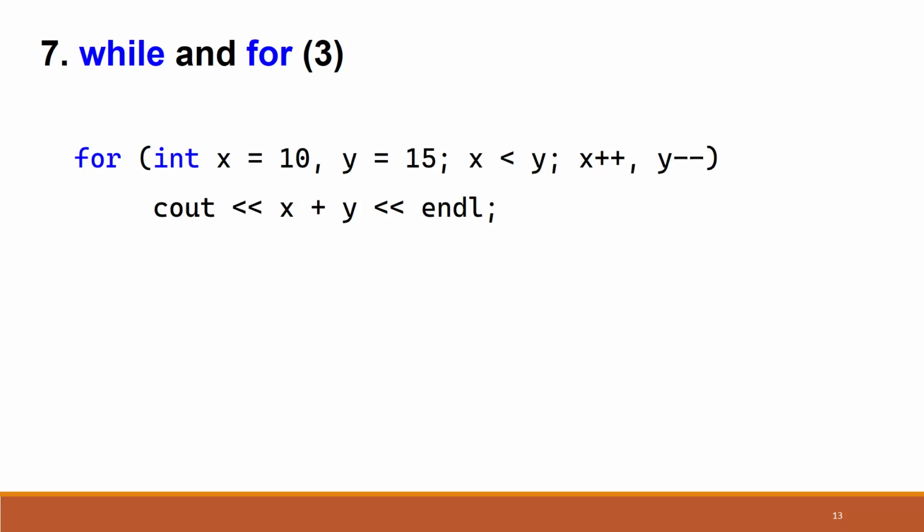Okay, so this problem, I want to see your understanding of the for loop. Okay, guys, in this case, this part will be executed first, right? So x is 10, and y is 15.